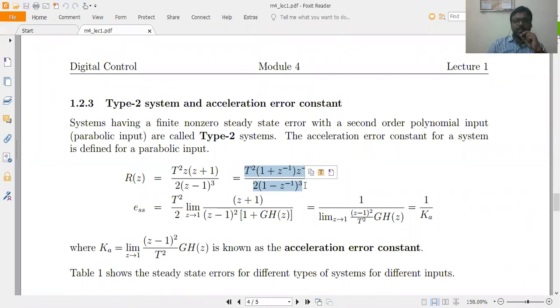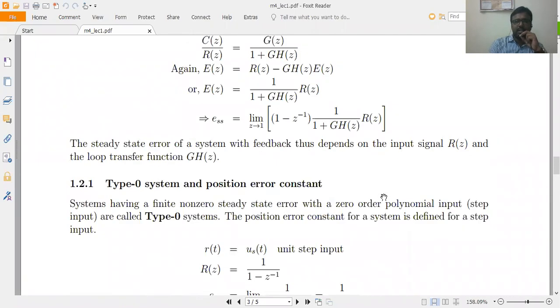Okay. So just substitute this particular R of z in the steady state error equation.